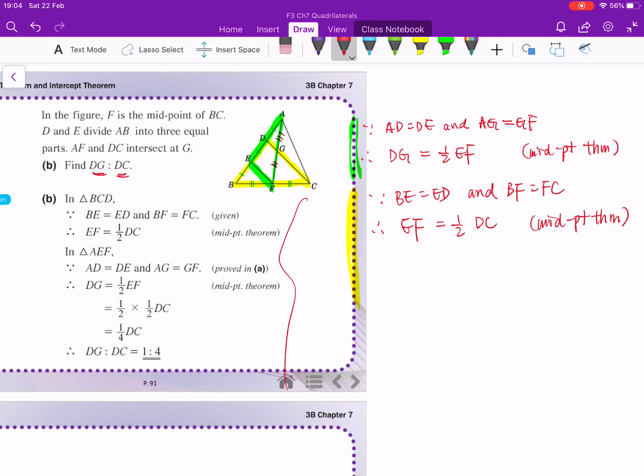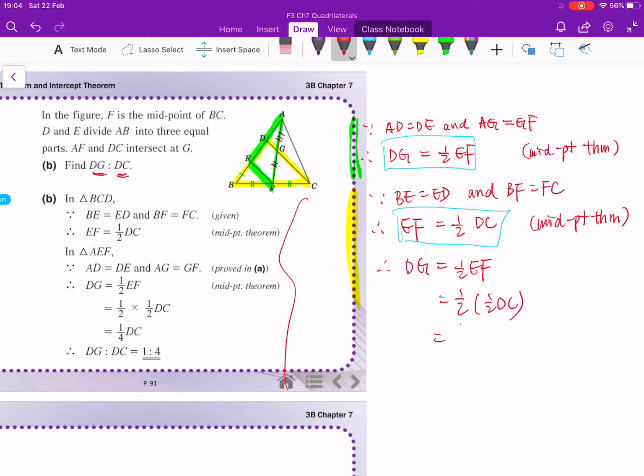Okay, so now by combining these two, we can see that DG equals half of EF, and EF equals half of DC. So DG equals, let me write it this way, half of half of DC.